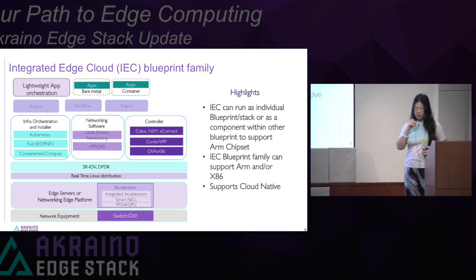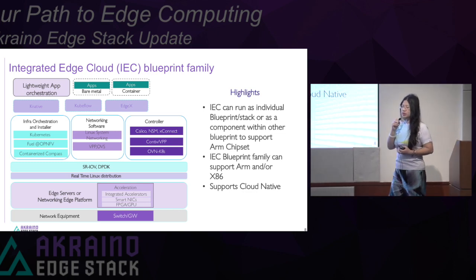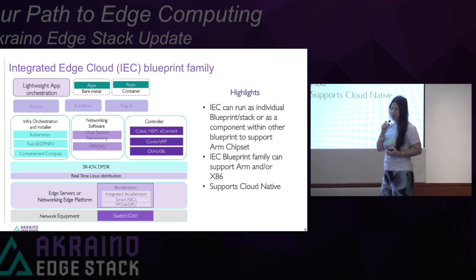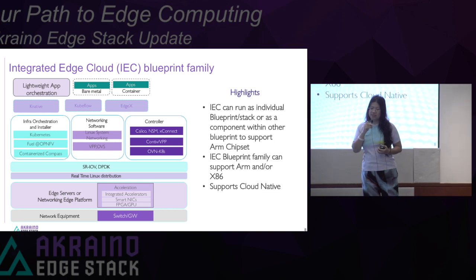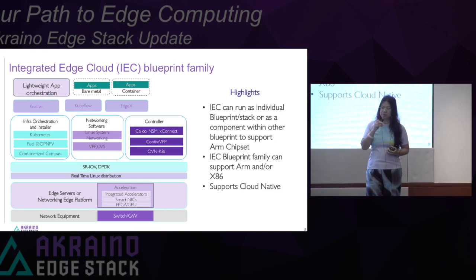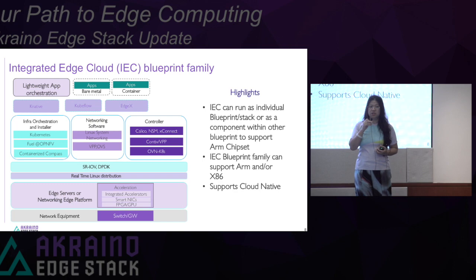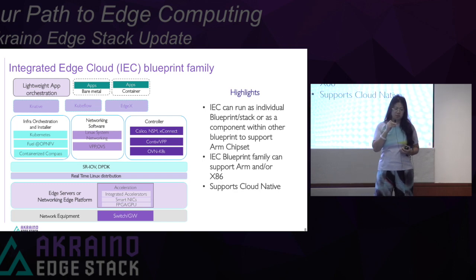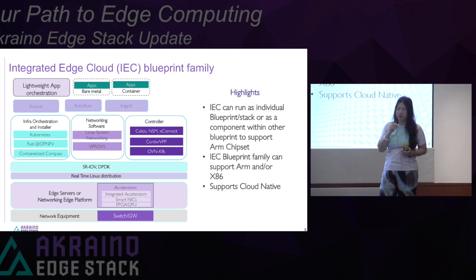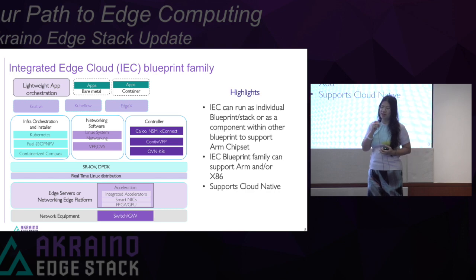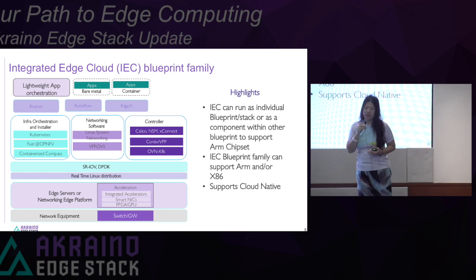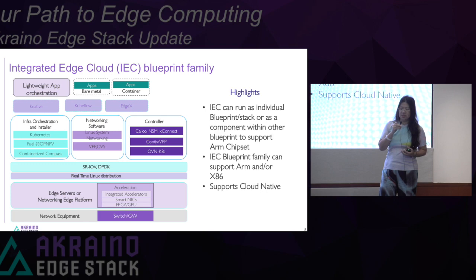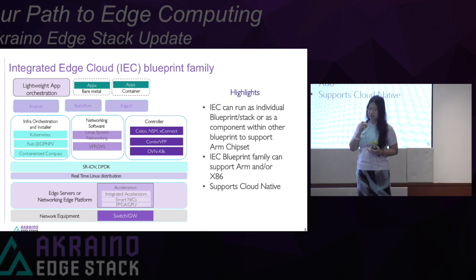All right, so I'm going to highlight some of the Integrated Edge Cloud blueprint family. The IEC can run as an individual blueprint or stack, or as a component within another blueprint to support the ARM architecture. It actually supports both ARM and x86. It supports mainly cloud native.